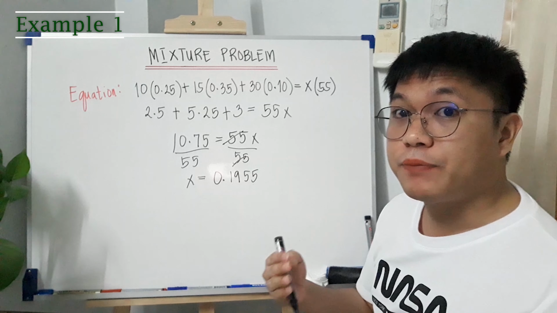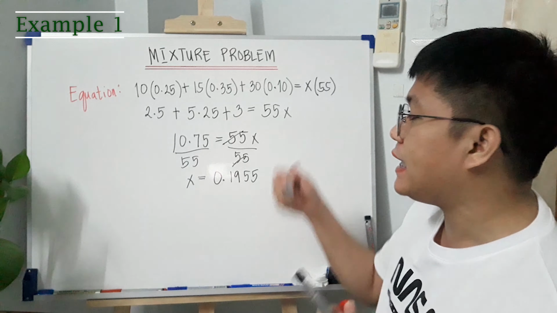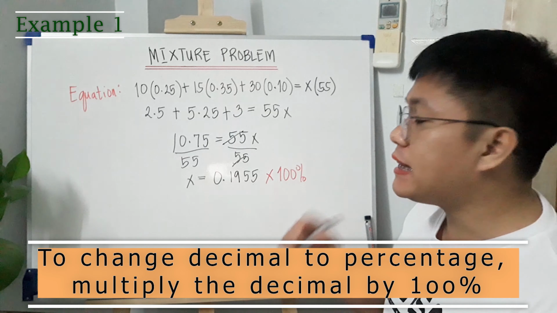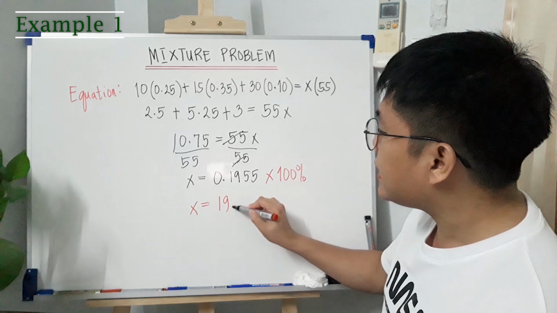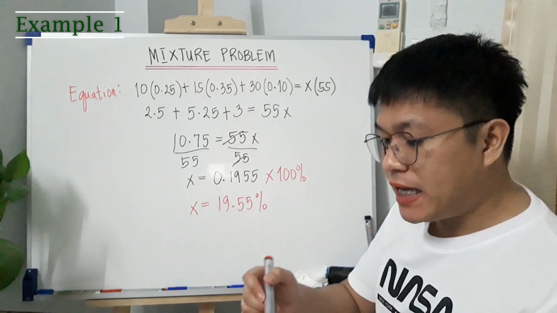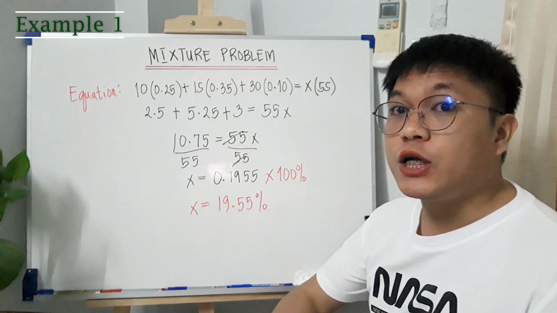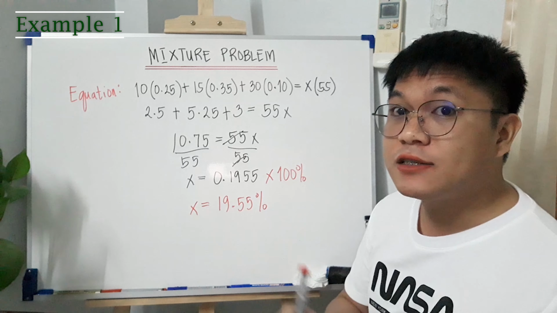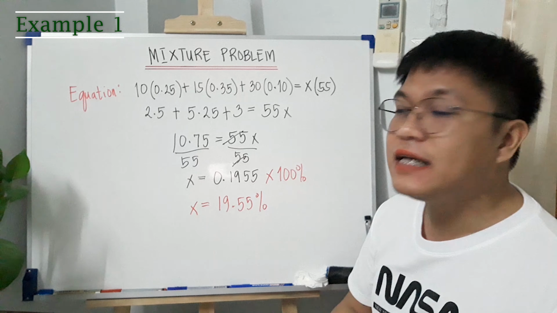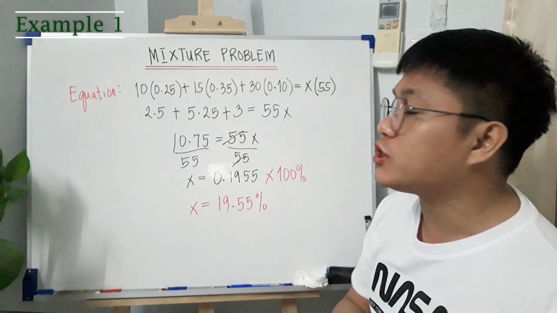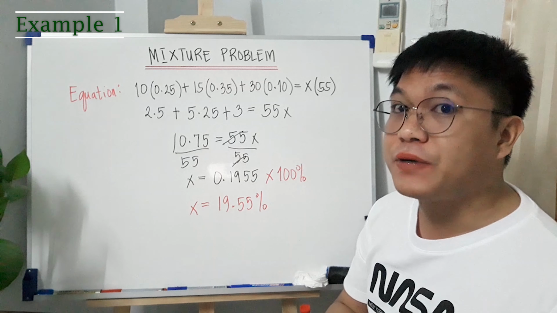Since we are solving for the percent, we multiply this by 100%. Therefore, x is equal to 19 and 55 hundredths percent. So what does it mean? The total mixture contains 19.55% concentration of salt after we added those 10 liters of 25% salt solution and 15 liters of 35% salt solution.